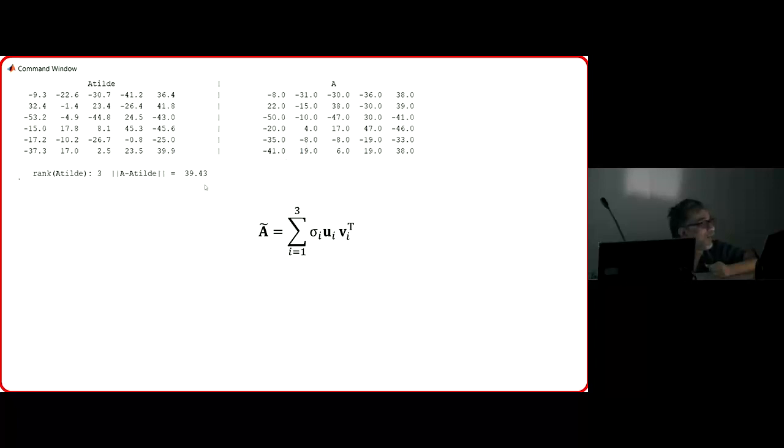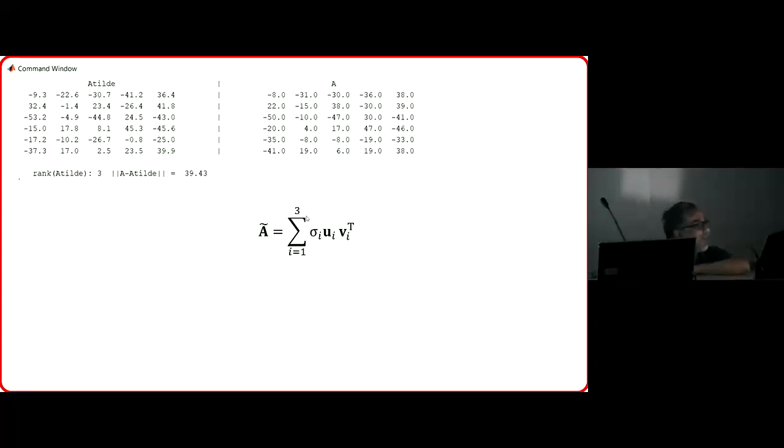Third iteration, the norm of the difference is even lower, and this A tilde upon examination looks similar to this, right? There's some differences. Well, the highest one of them is this is negative 41.2, this is negative 36, but the signs are all in place.